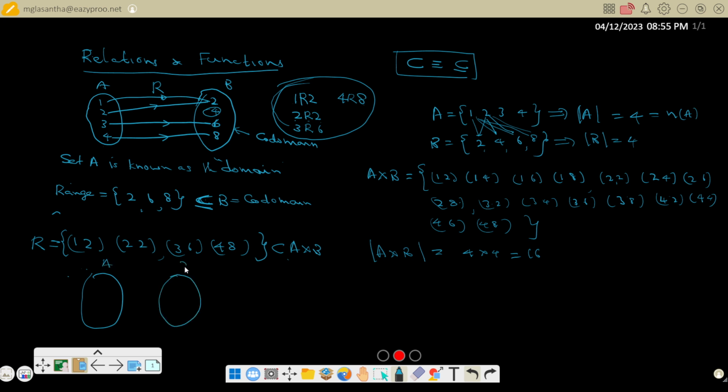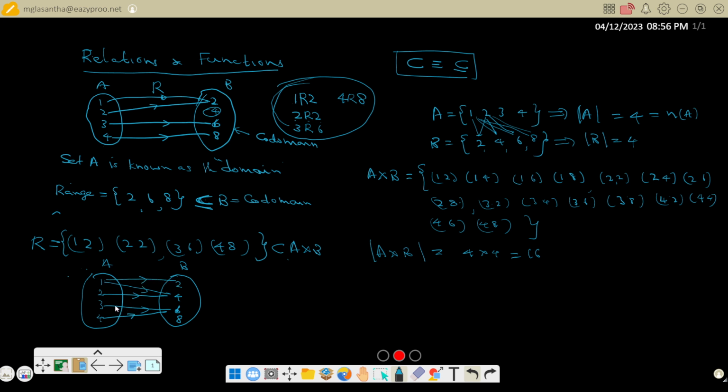This is A, this is B. I will take another relation. 1 is mapped to 4. 2 is also related to 4. 3 is related to 6. 4 is related to 6. Okay? And 1 is also related to 2.